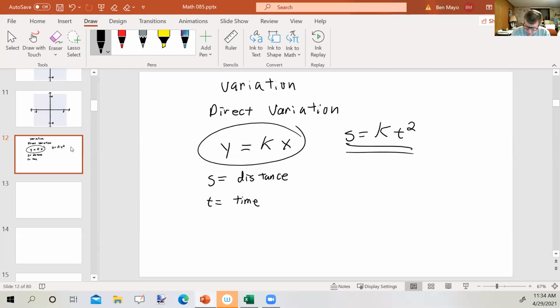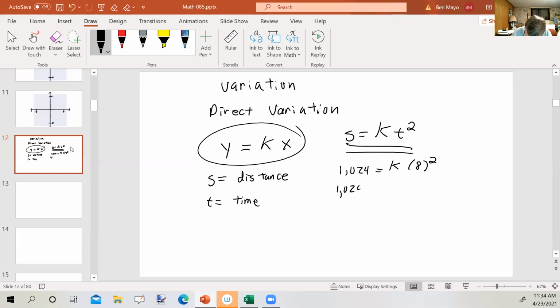So now that we have this formula, let's go back and plug in the information. An object in free fall travels a distance s that varies directly to the square of time t. If an object falls 1,024 feet, so that would be s, or the distance, in 8 seconds, so that would be the time, how far will it fall in 10 seconds? Well, this first bit of information allows us to determine what k is.